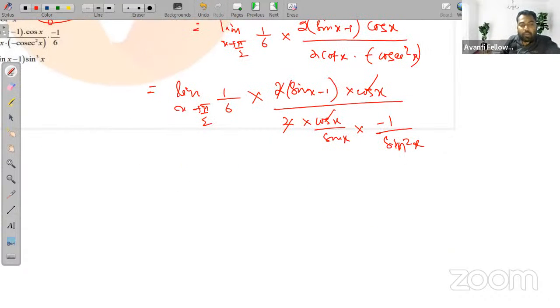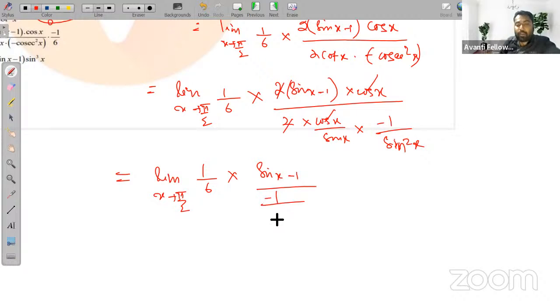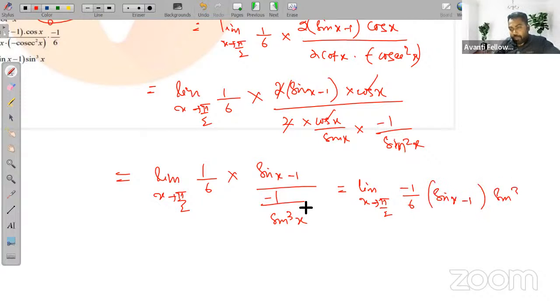That is limit x tending to pi by 2, minus 1/6 into (sin x minus 1) divided by 1 upon sin cube x, right. So sin cube x, that is limit x tending to pi by 2, minus 1/6 into (sin x minus 1) into sin cube x, right.